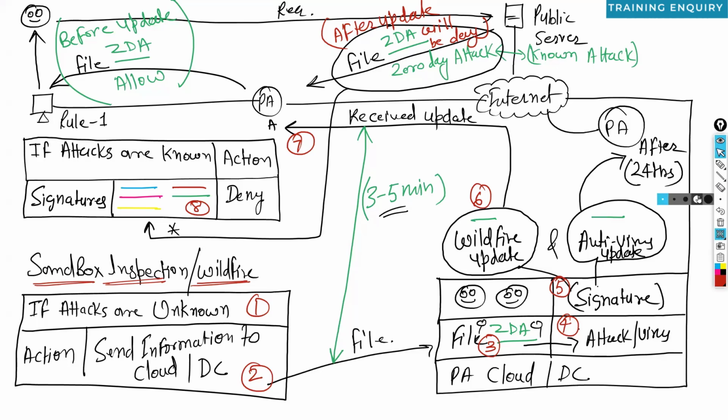Sir, I have one doubt here. Suppose thousands of files are coming from a public server to the user. So all 1,000 files are going to be checked by Palo Alto with the signatures? Yes. Whether it's 10,000, a million, a billion, or a trillion, any file which passes through the firewall, the firewall will inspect and match against the known attack signatures.